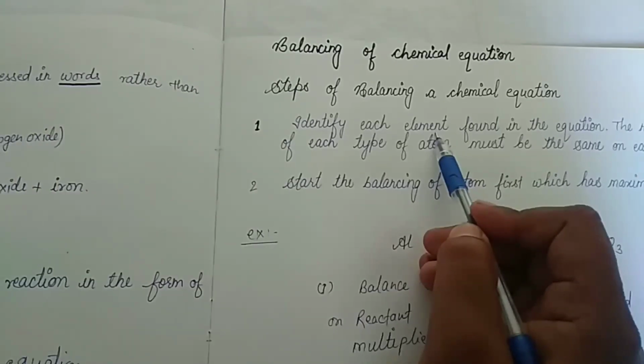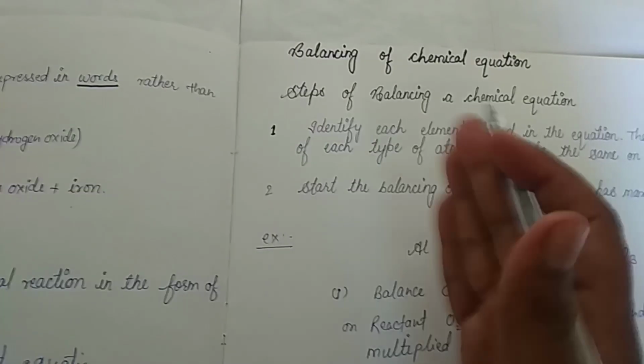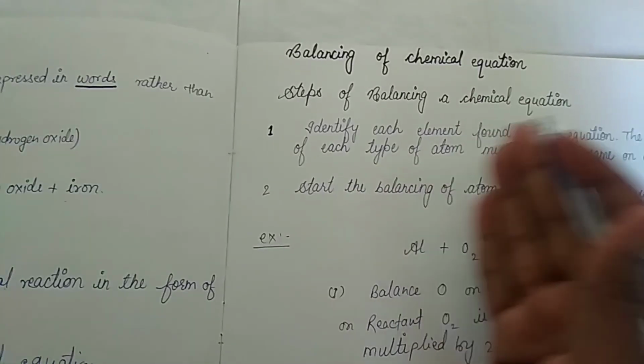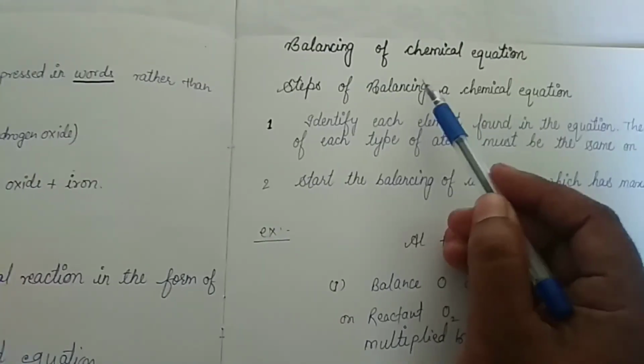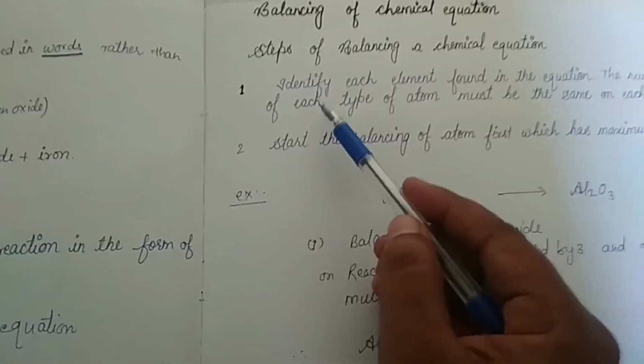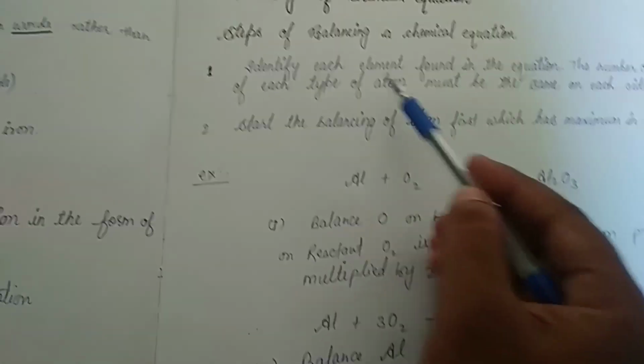We can also say that the total number of atoms on the reactant side must be equal to the total number of atoms on the product side. So how can we balance a chemical equation? We have to learn two steps, children, and by following them we can balance chemical equations easily.